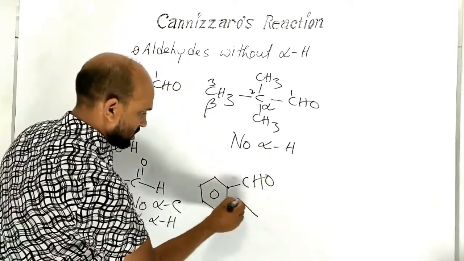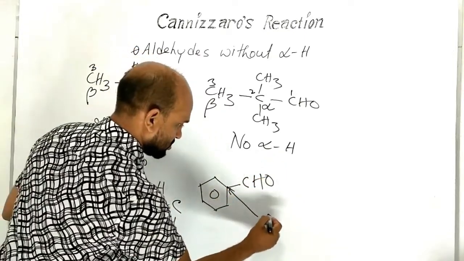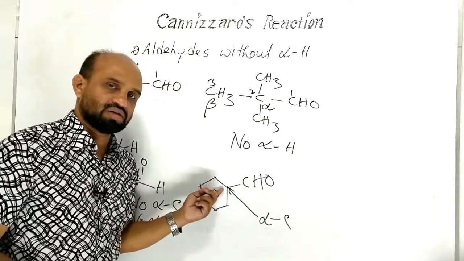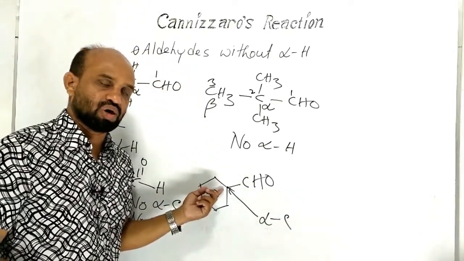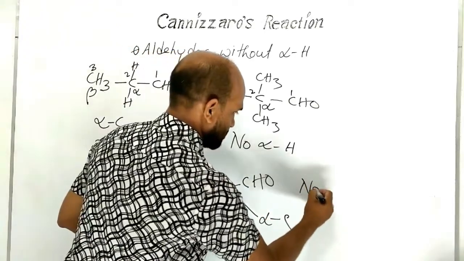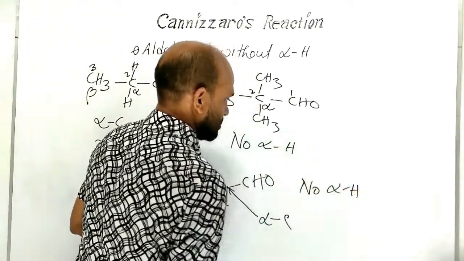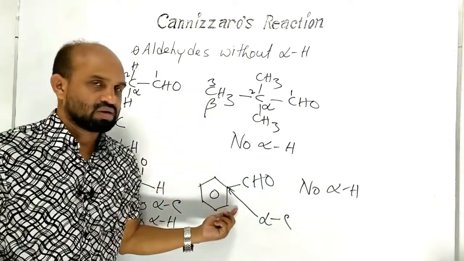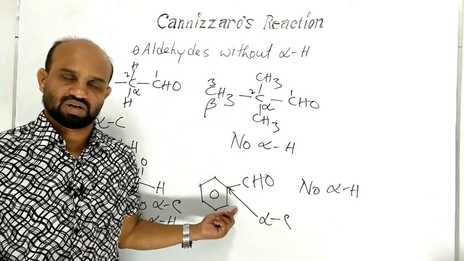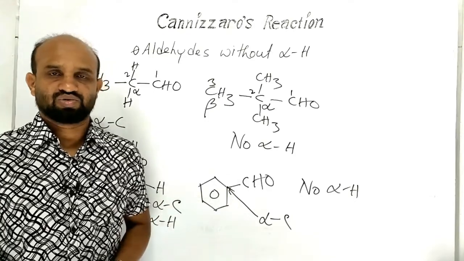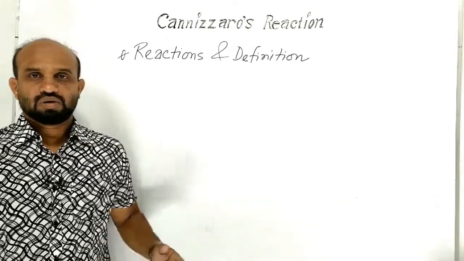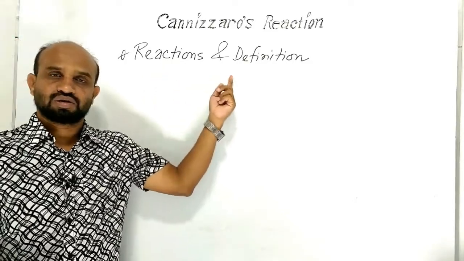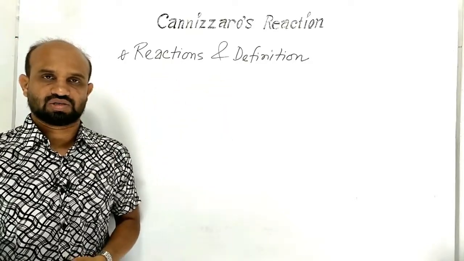This is the alpha carbon, but at the alpha carbon no alpha hydrogen. So these are aldehydes having no alpha hydrogen. Let's move on to the next point. Now the point is reactions and definition of Cannizzaro's reaction.